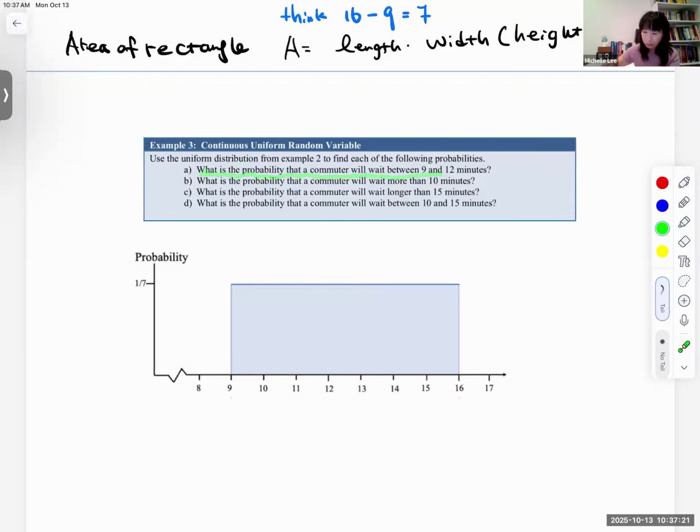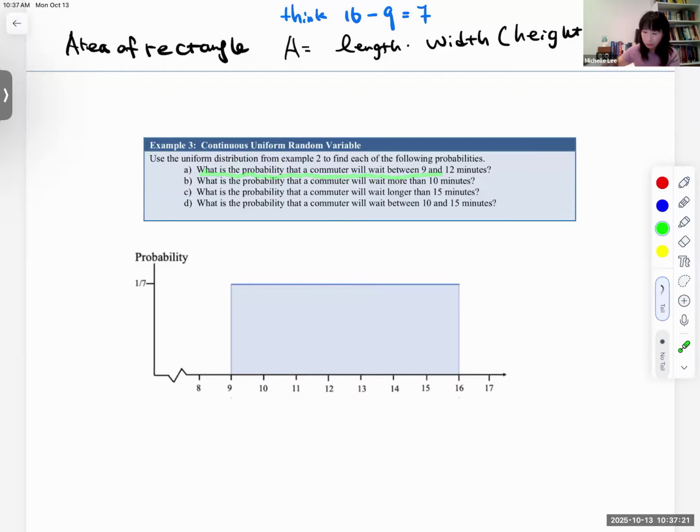I have to mention that this is a probability. We can express it as the probability that X is more than 10, with no equal sign. Then the area is length times height.